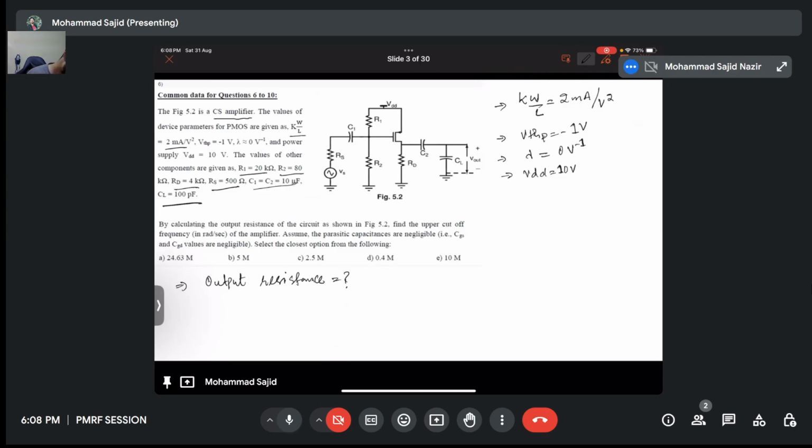Assume the parasitic capacitances are negligible, that is CGS and CGD values are negligible. Select the closest option from the following.